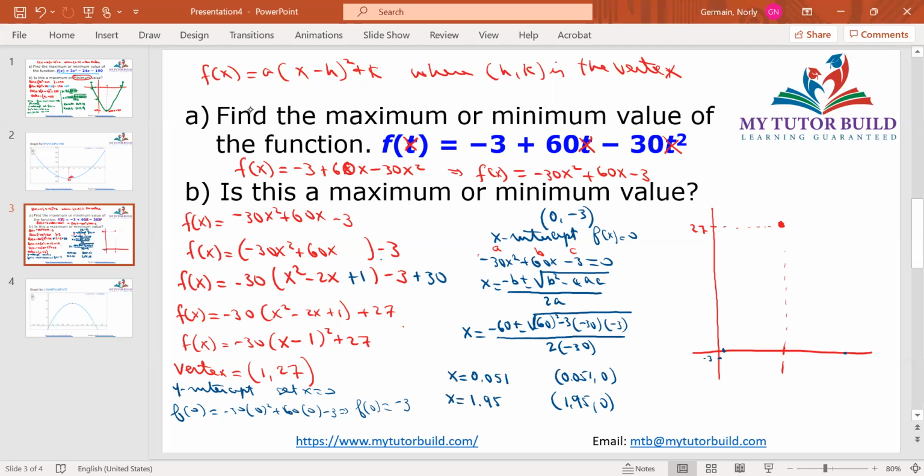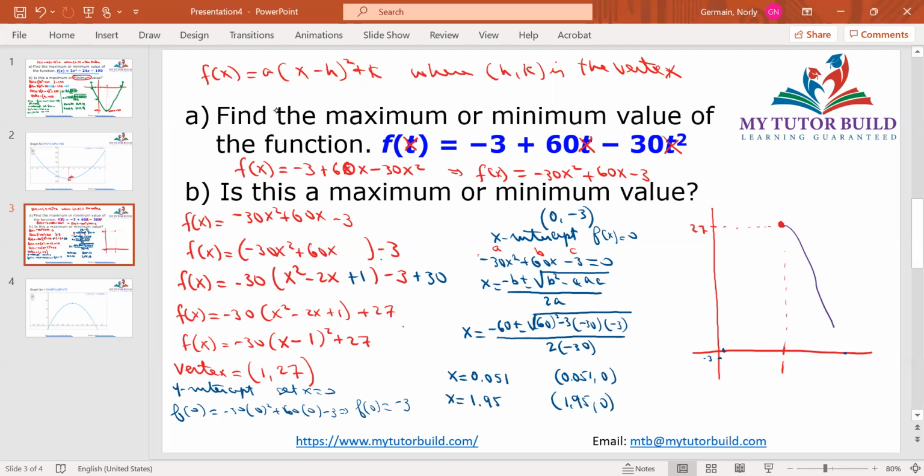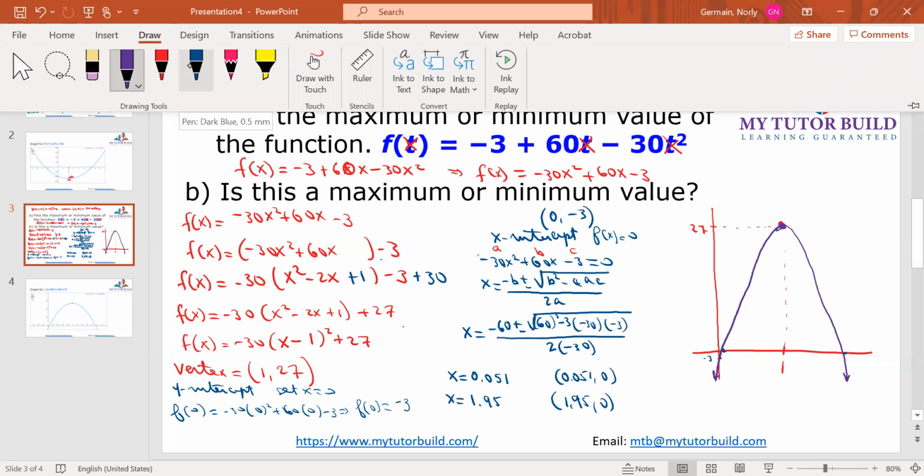Now, our graph would be, remember I said you can use a graphing utility to do that. You can have your quadratic graph going. Anytime the coefficient of x squared is negative, the graph opens down. Because it opens down, you have a hill, and if you have a hill, we consider that you have a maximum.